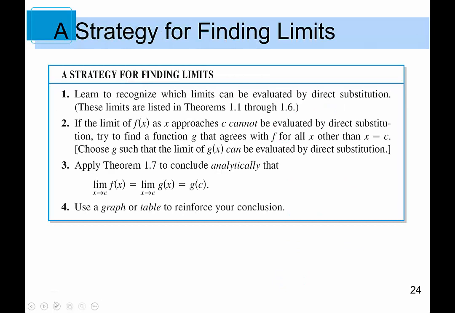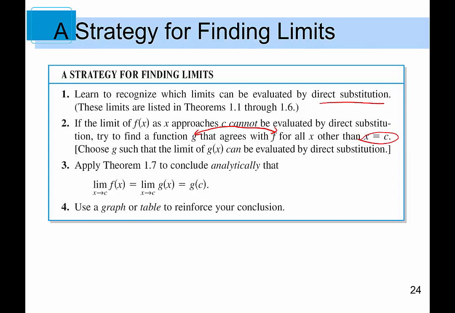Another strategy for finding limits: learn to recognize which limits could be evaluated by direct substitution. If the limit of f of x as x approaches c cannot be evaluated by direct substitution, try to find a function g that agrees with f, meaning the two functions are identical except at one particular point, x equals c.